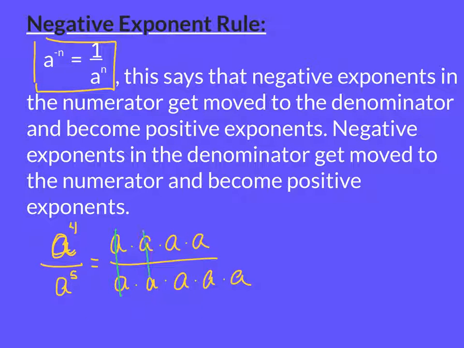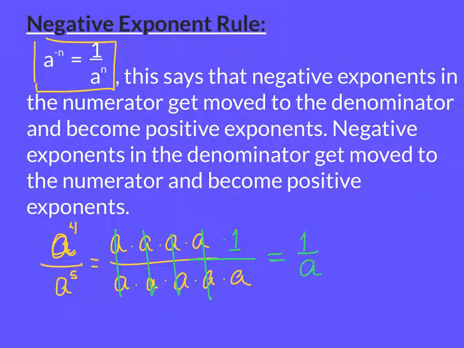I do some canceling. Look at this a on the bottom. You just have an a hanging around by itself on the bottom. Keep in mind anything times 1 is still itself. So this is equal to 1 over a.